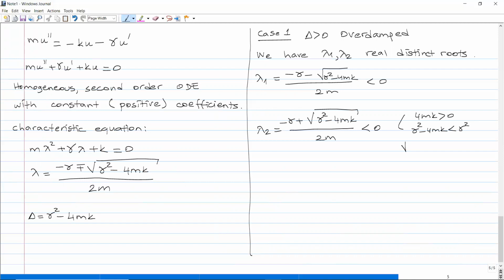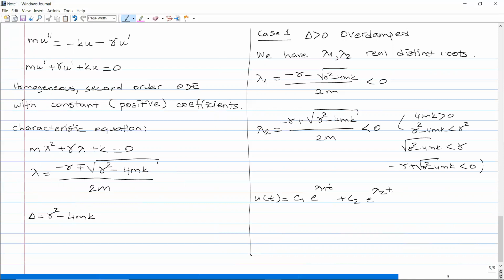And that means the square root is less than gamma. So minus gamma plus the square root is negative. Okay, so both roots are real, negative, distinct roots. And the solution, C1 e to the lambda 1t plus C2 e to the lambda 2t.